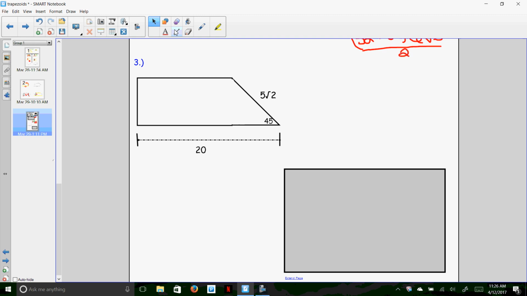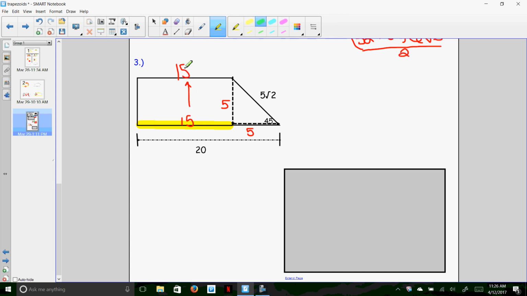Okay, so what I did is I saw a special right triangle. I got a 5. I got a 5. Therefore, this has to be what plus 5 is 20. That's going to be a 15. This is the top opposite side.